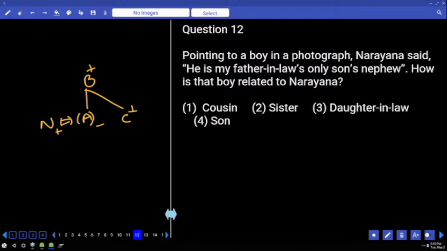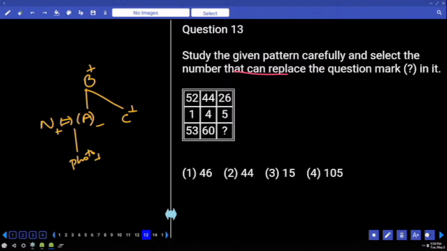My father-in-law's only son is C, and C's nephew is none other than Narayana's son. Finally the person in the photograph is the son of Narayana. How is that boy related to Narayana? Son. That is the choice for question number 12.